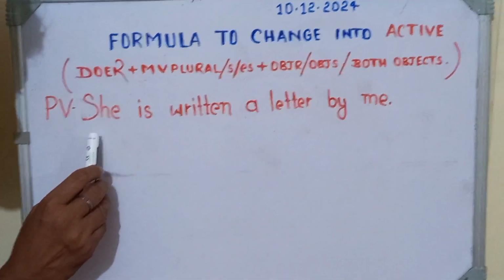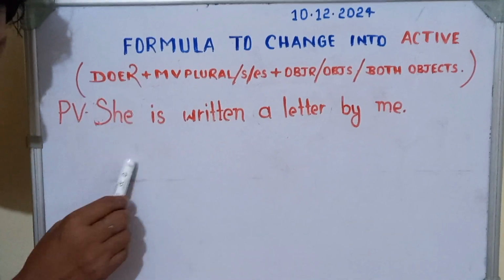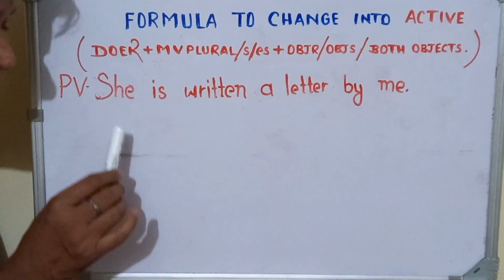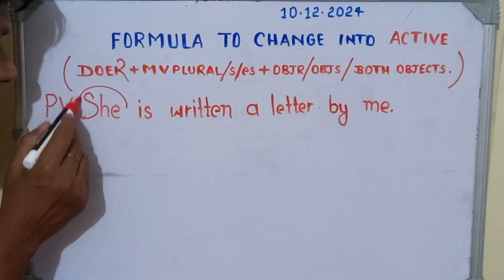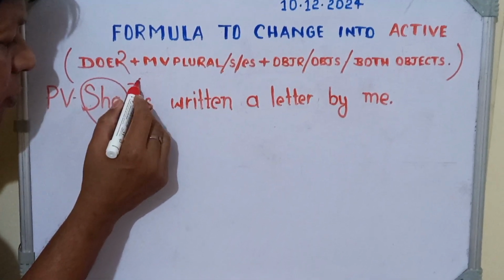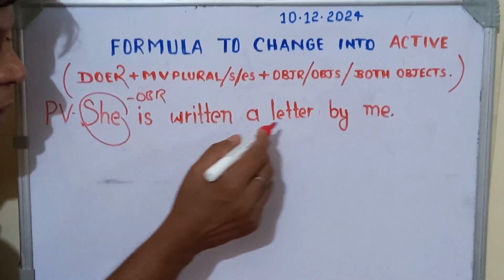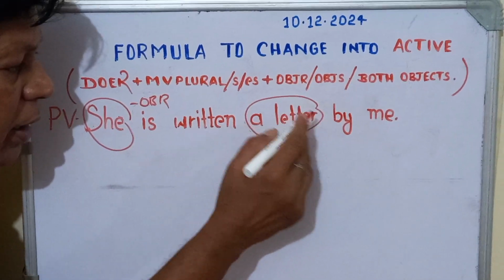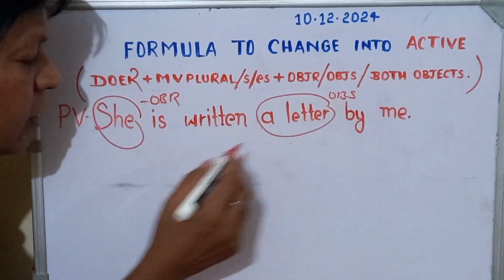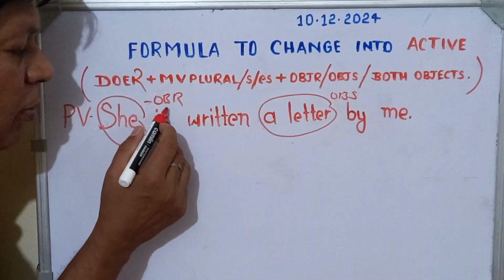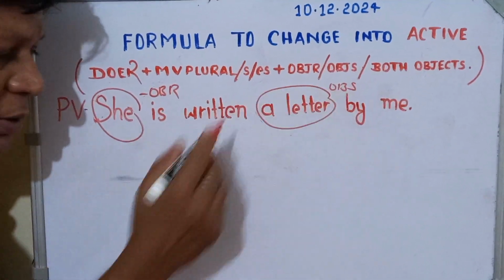In this sentence there are two objects. First one is she and this is object R, and the second one is a letter, object S. Object R means object receiver and object S means object sufferer.